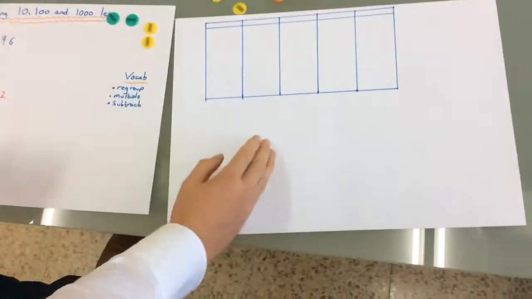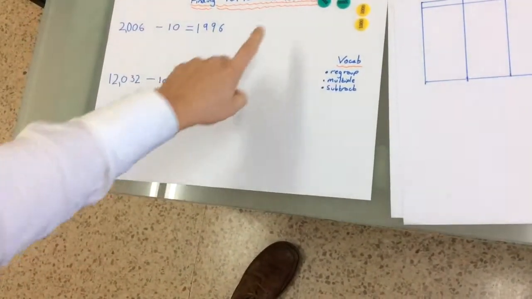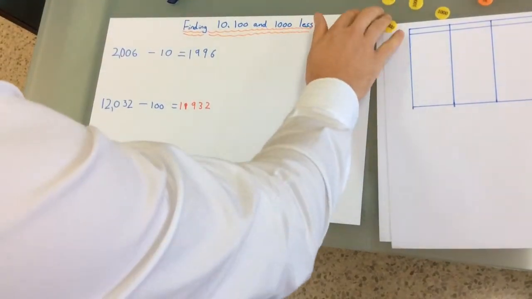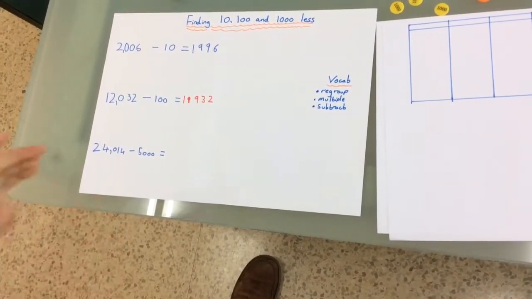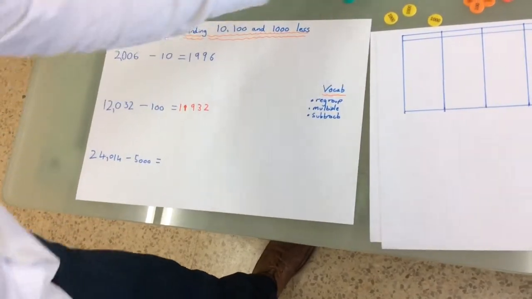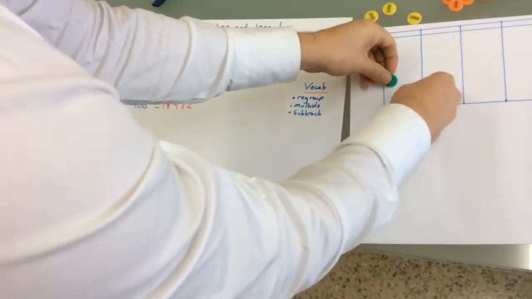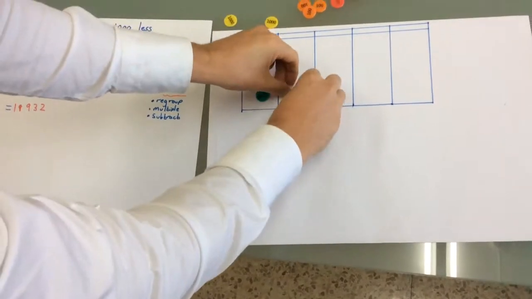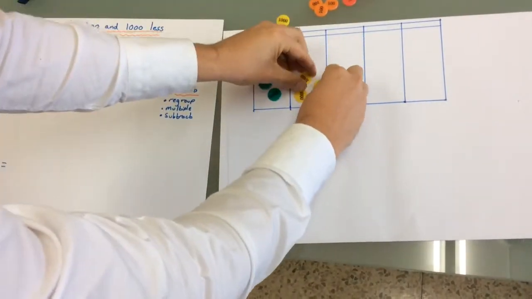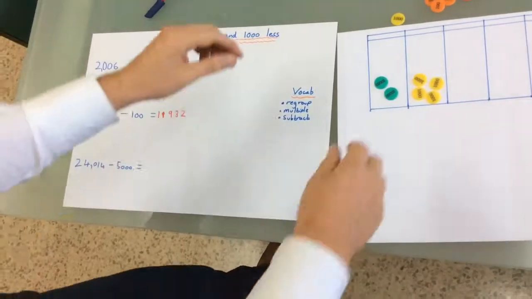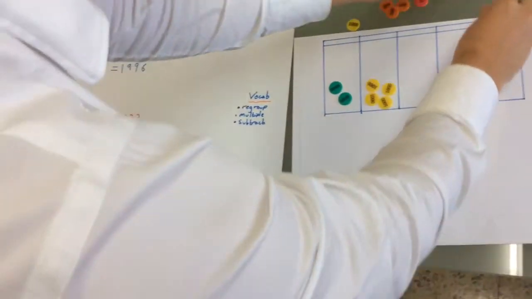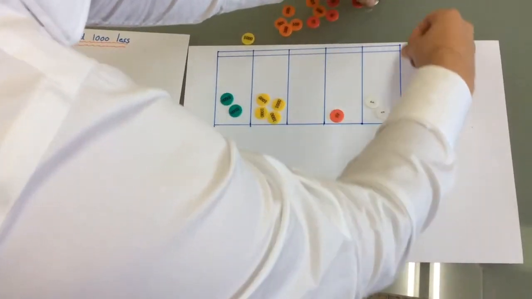Okay, final question. In this one, I'm going to be taking away a multiple of 1,000. But again, we can do this mentally without having to use a column subtraction. So I've got 24,014. So, 2 tens of thousands, 4 thousands, 1 ten, and 4 ones.